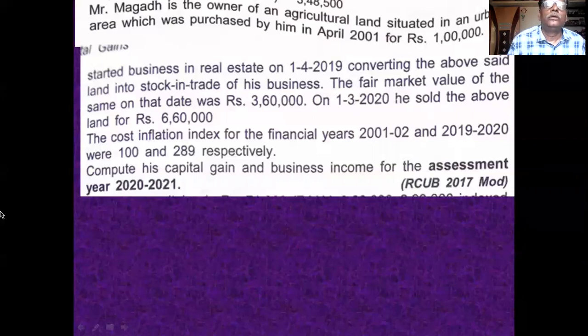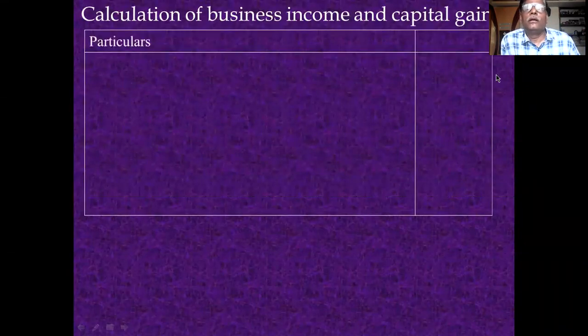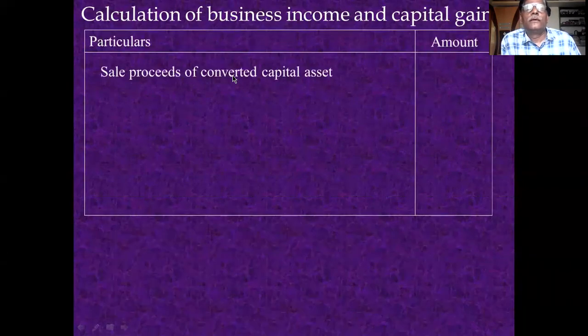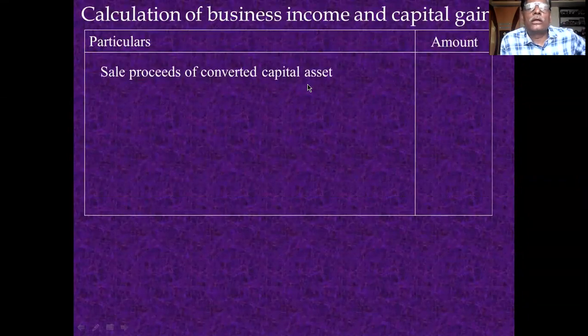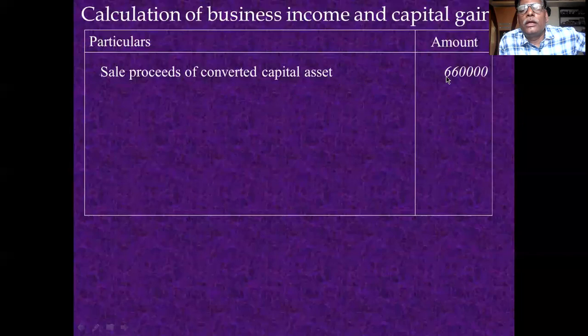You see the solution. Calculation of business income and capital gain. This is the table, particulars and amount. First, I'll take the sale proceeds of the converted capital asset, that is stock in trade. Sale proceeds is 6,60,000. Remember, my dear friends, this is the sale proceeds of the real estate business.